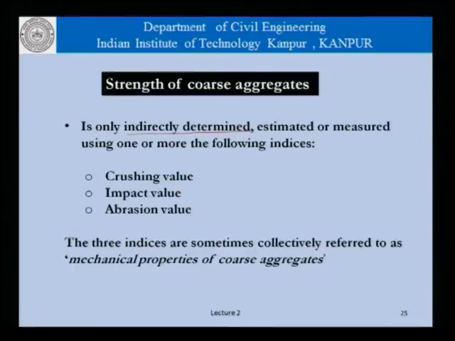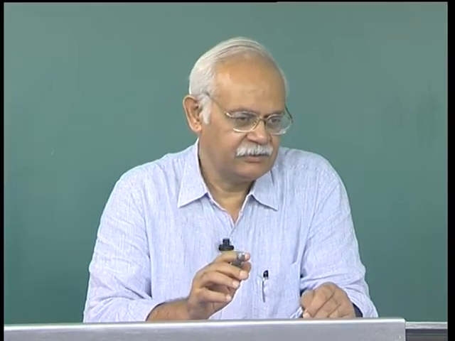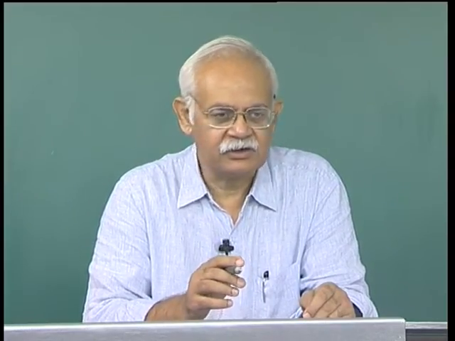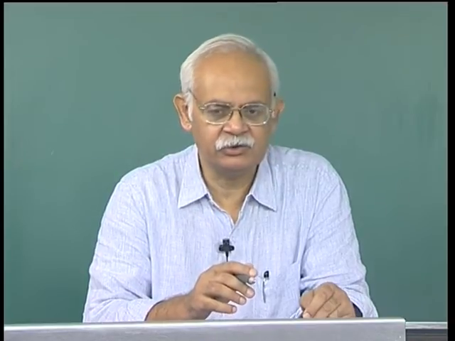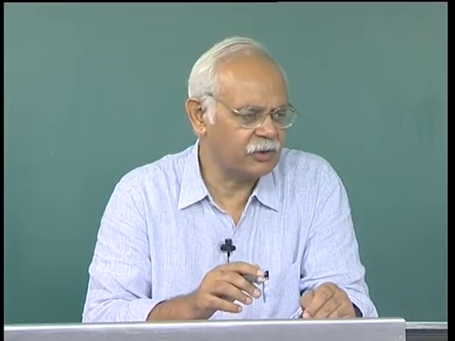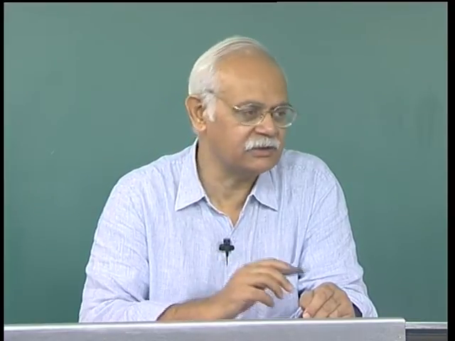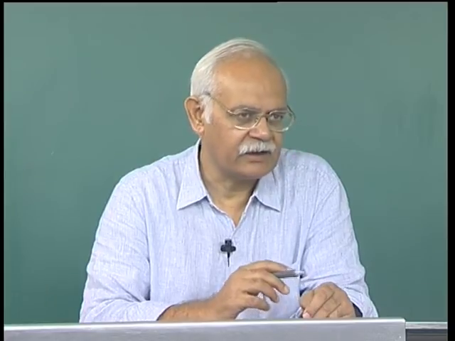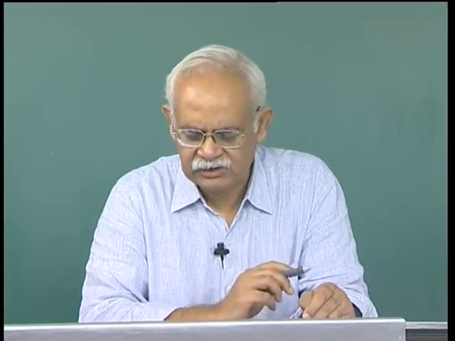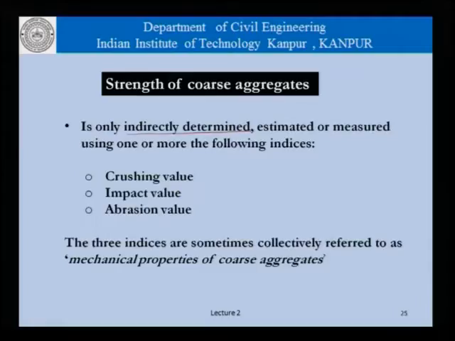A strength, if we understand normally, would mean we should take an aggregate sample and crush it till it fails. Now, that normally is very, very difficult to do and is not so much required as far as normal civil engineering applications are concerned. And therefore, we make do with these three parameters, crushing value, impact value and the abrasion value, which are good enough for our purposes. Let us try to understand how they are determined.